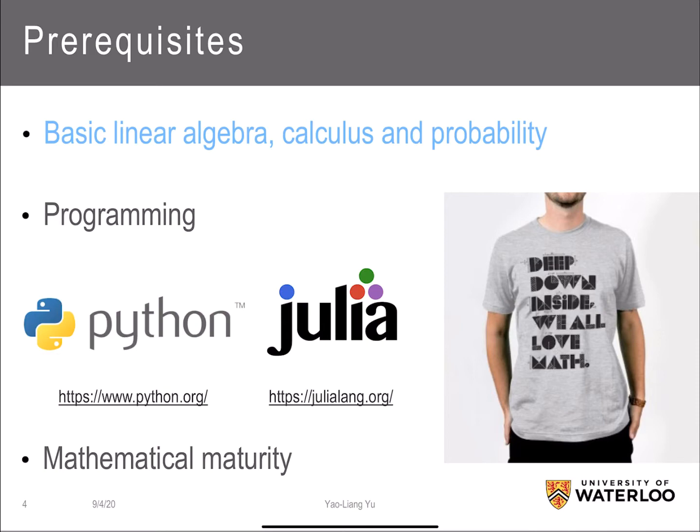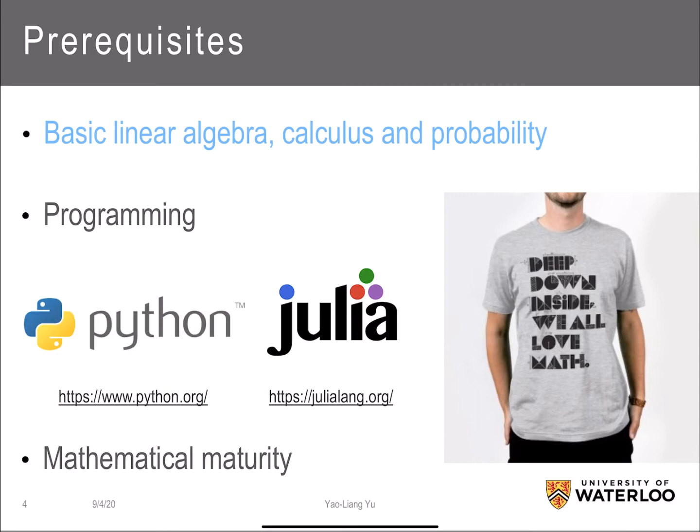I believe most of you, if you took a computer science, math, stats or engineering degree, must have learned linear algebra and multivariate calculus before. You just need to refresh your memory so that you will be more efficient in learning the lectures in this course.